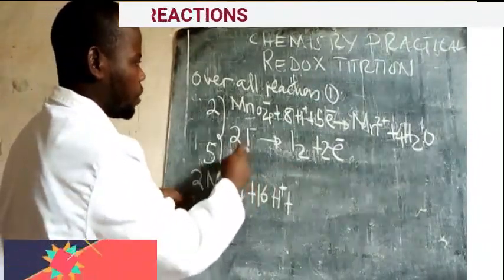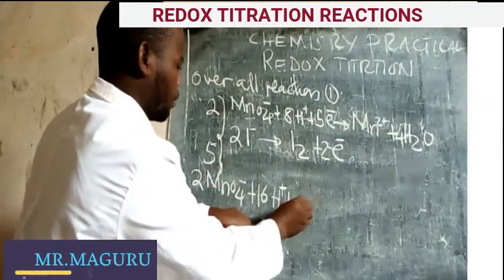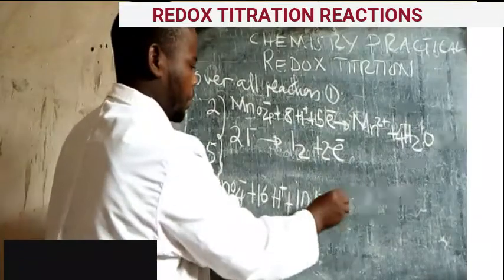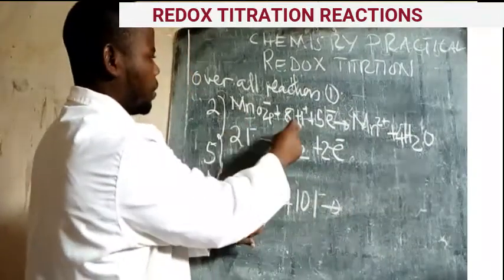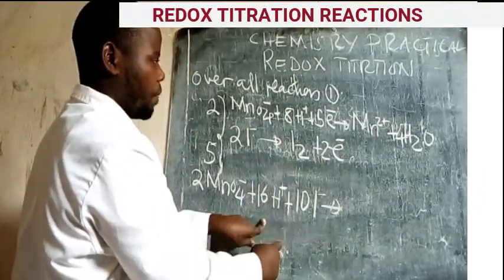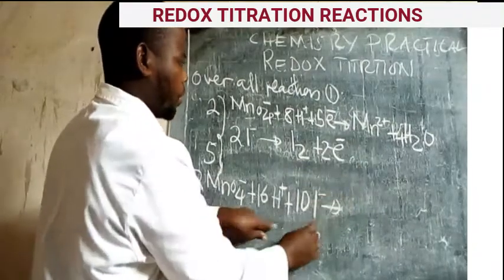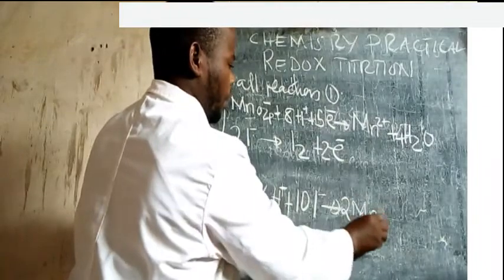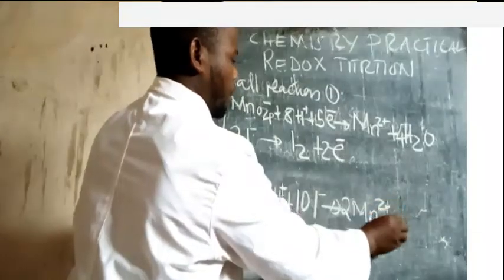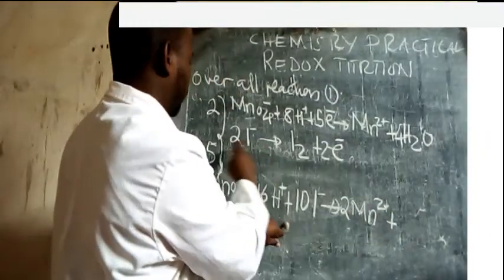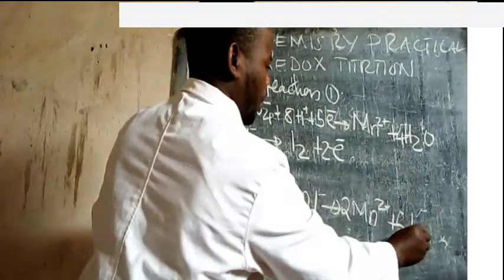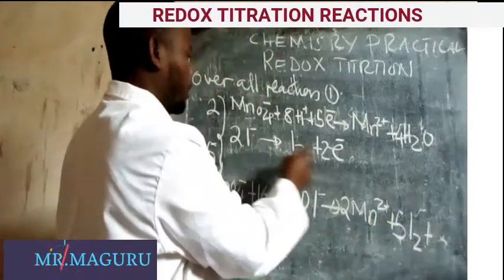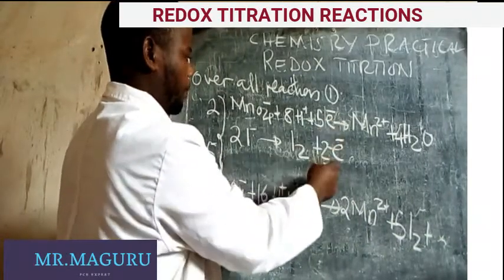So the rest will be this one, will be 10, the product. So this, that is over. So we go to the product. It will be 2 Mn, plus this one 5, plus this is cancelled with this one.